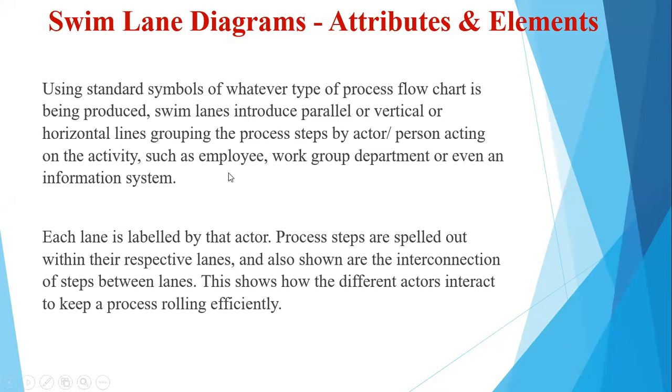The actor could be an employee, a work group, a department, or even an information system that is acting on and taking care of that particular process. So process steps are spelled out within the respective lanes, and they also show the interconnection between the steps across the lanes.